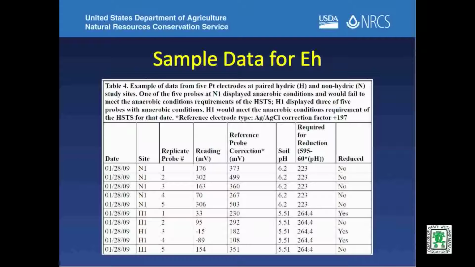You do have to adjust that reading depending on what type of reference electrode you're using, so the adjusted or corrected millivolts is there. It shows the pH and then the calculated anaerobic conditions requirement based on that pH. You can see that none of the electrodes in the non-hydric soil met the threshold, and 3 out of 5 of the electrodes in the hydric soil met the threshold.